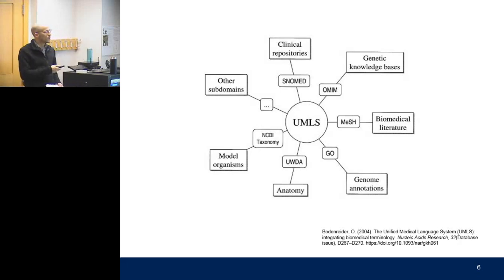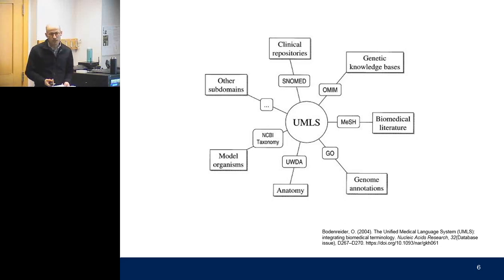So you see that UMLS is in the middle of this graph here, and basically it includes ontologies that are associated with very domain-specific databases. Some of the examples that we see are the OMIM ontology, which is linked and used as the basic ontology for several genetic knowledge bases.